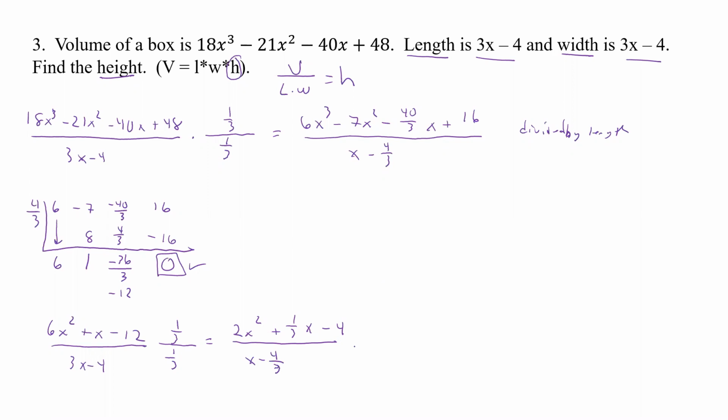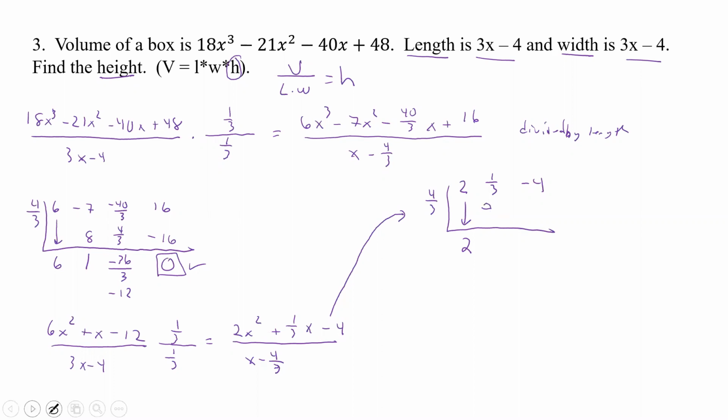Okay. So now we're going to go up here, and so we'll have 4 over 3 into, now we have a 2, a 1/3, and a minus 4. And again, when we get done here, we're going to end up with a 0 here, or we've done something wrong. So we have 2, so 4/3 times 2 is going to be 8/3.